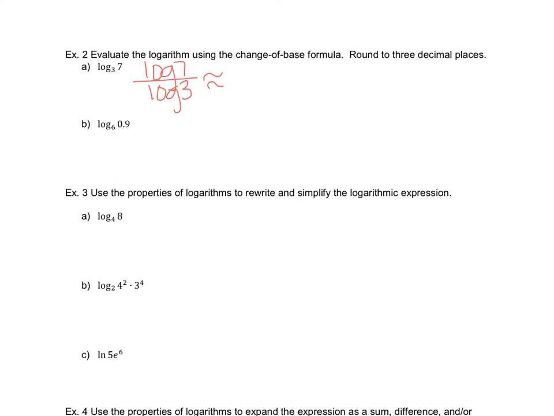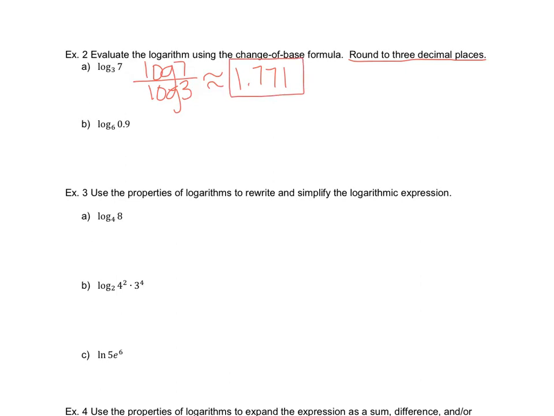Anytime we take a log of a number, it's just going to be a number. So you're doing log of 7 in your calculator divided by log of 3. And that's going to give us approximately, now it says round to 3 decimal places, 1.771.